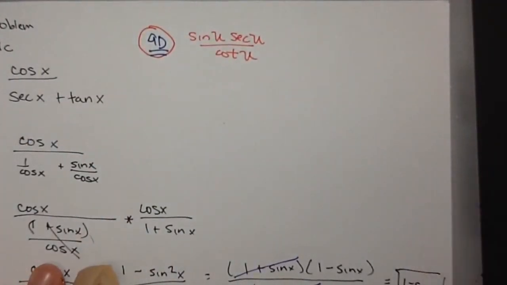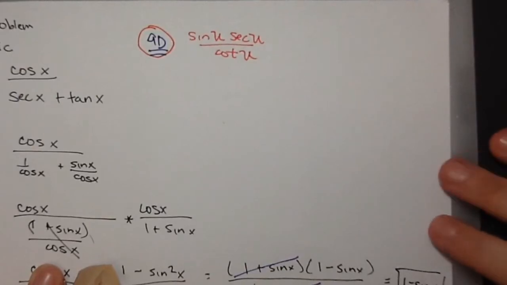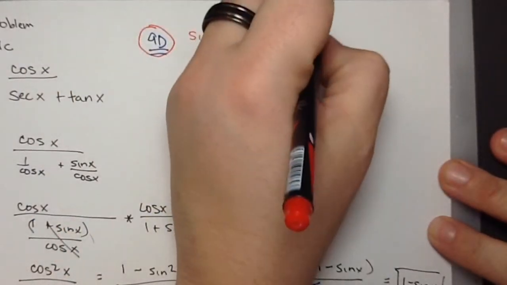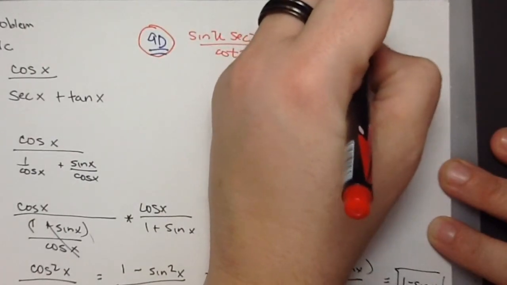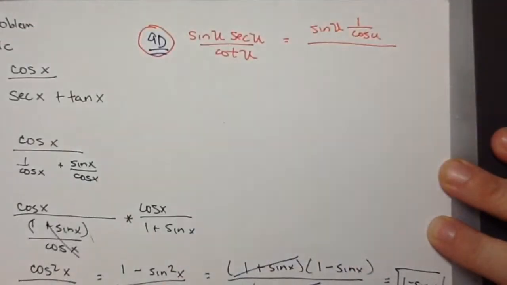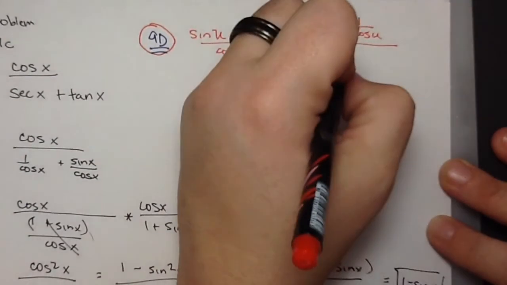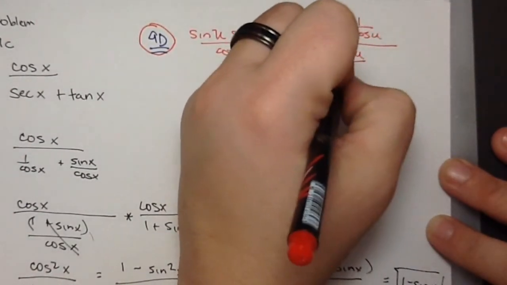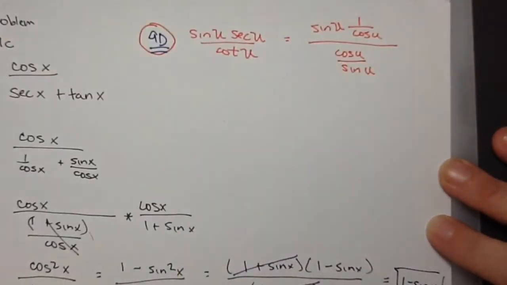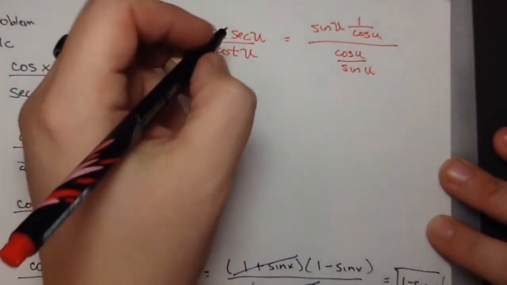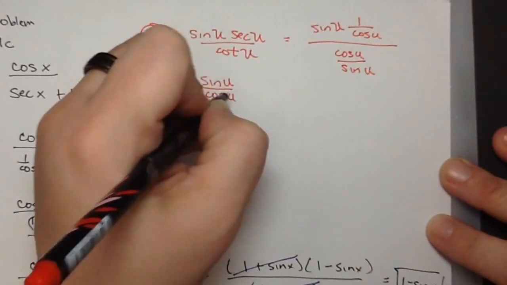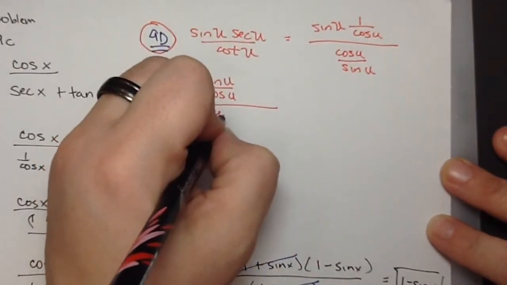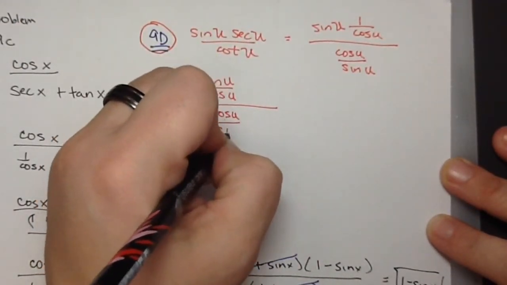So the very first thing I'm going to do is try and unpack things. So this is sine u times 1 over cosine u all over cosine u over sine u. Oh, what a mess. So sine u over cosine u over cosine u over sine u.